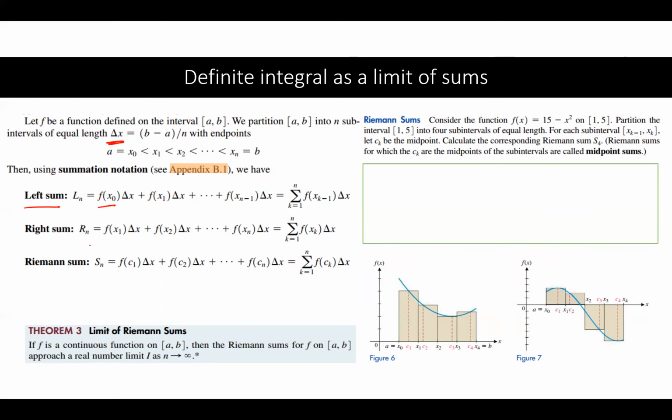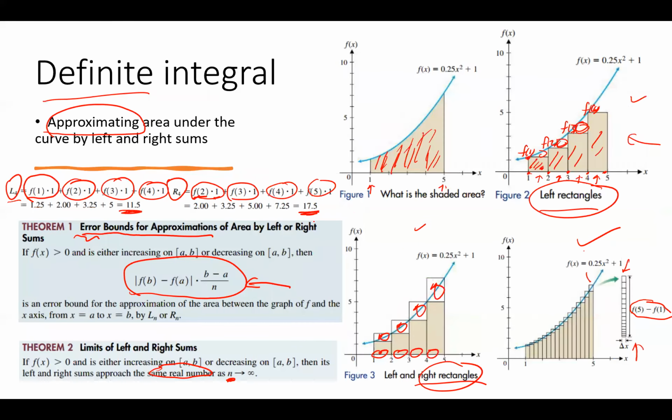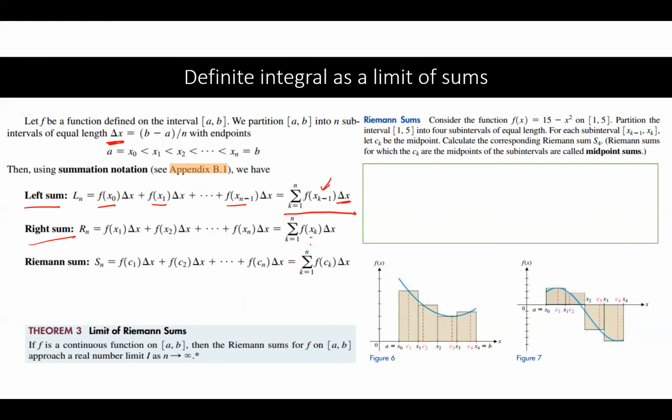So this is using the left sum, with f(x_0), f(x_1), and so on. This is how we can compress the summation, with all the different terms at the same interval summed together. Now for the right sum, we're just shifting one unit to the right, and we have f(x_k). So this uses the right point to get the height of the rectangle.